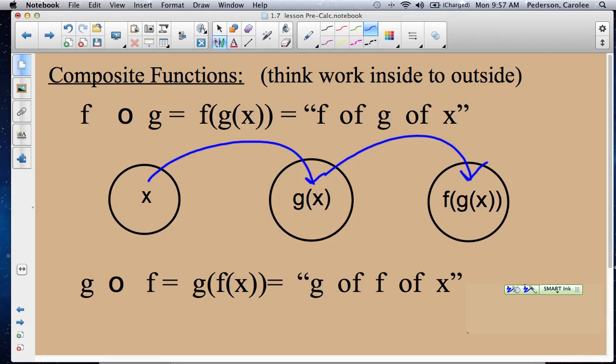And then g circle f is just the opposite. G of f of x. You start with your x, you go to your f of x, and then go into your g of x function. It's going to make more sense when we get to the examples.